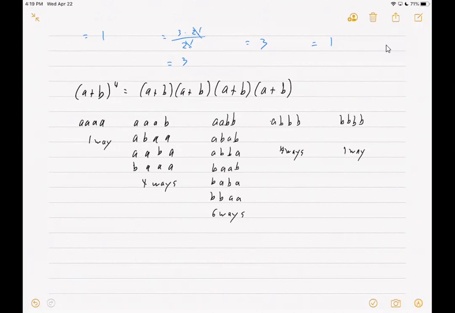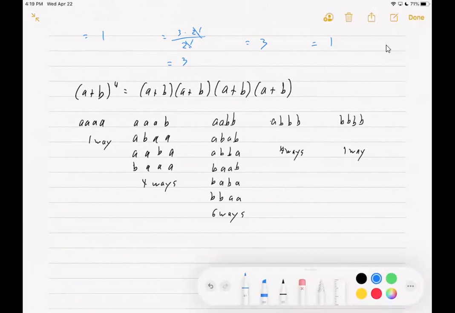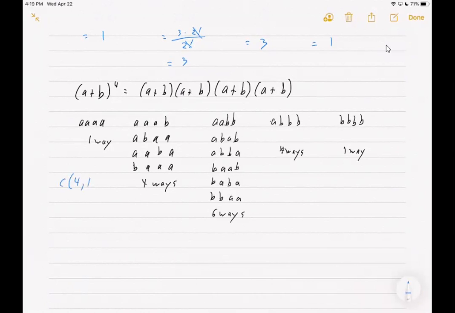Well, we could express the same thing in terms of combinations, right? We could have said that this was the combination of 4 things where we selected 4 of the 4, right? And you can quickly compute that that is in fact 1.